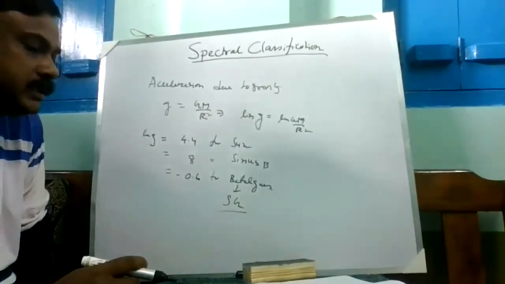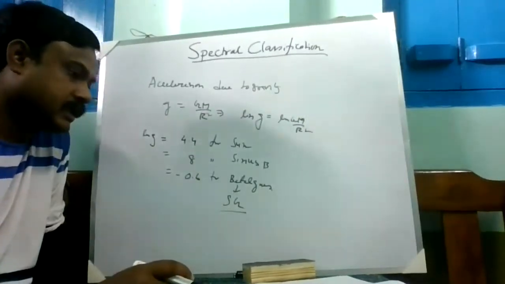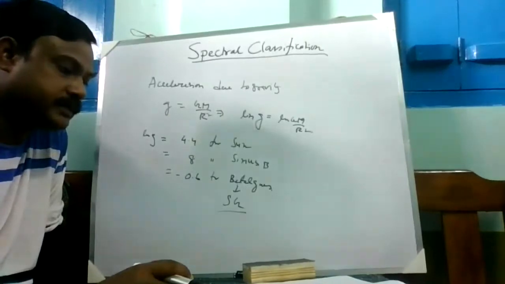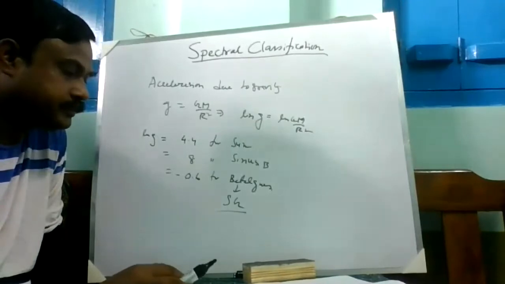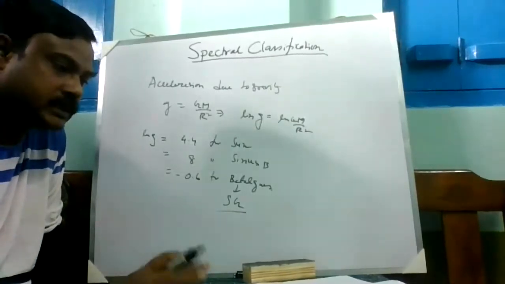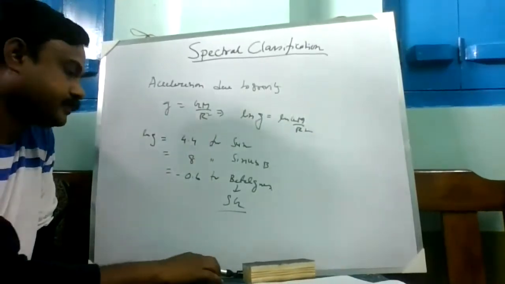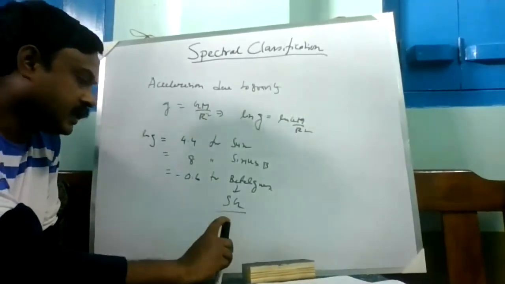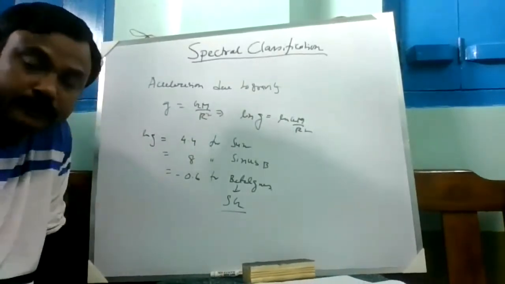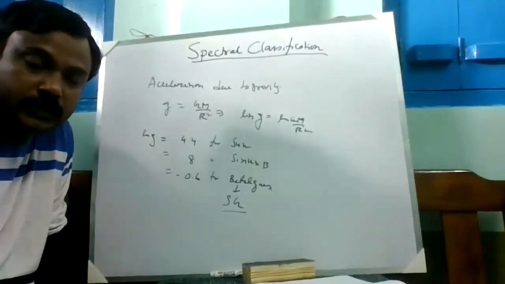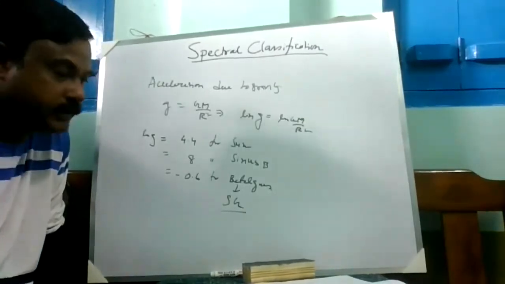Now, based on this spectral classification, the Hertzsprung-Russell diagram can be drawn, which I will discuss later. So, spectral classification and luminosity classification are classifications based on the star.